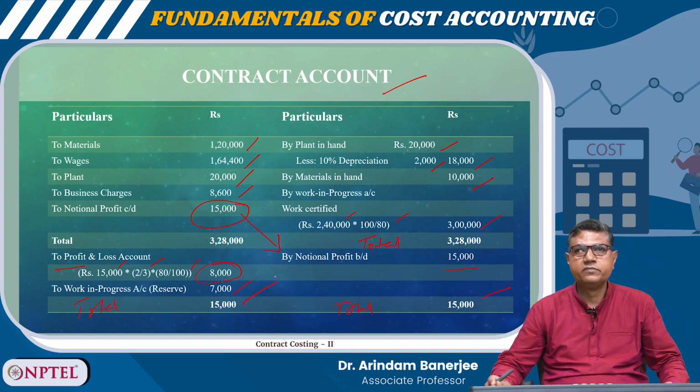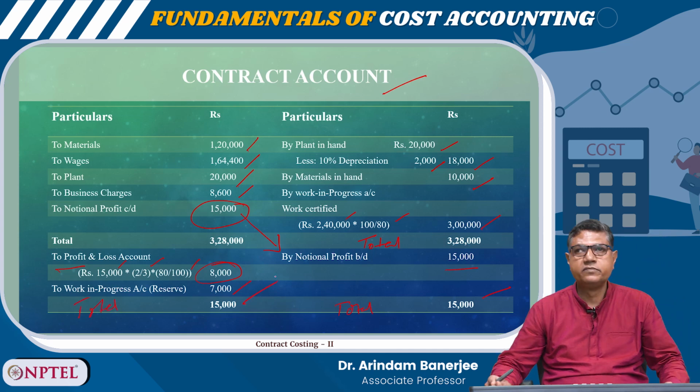The contractor owns a plant which originally cost 20 lakhs and has been continuously in use in this contract throughout the year. The residual value of the plant after 5 years of life is expected to be rupees 5 lakhs. The straight line method of depreciation is in use.